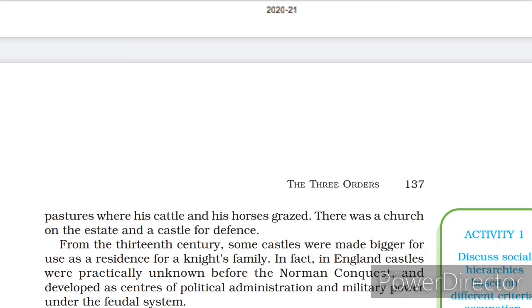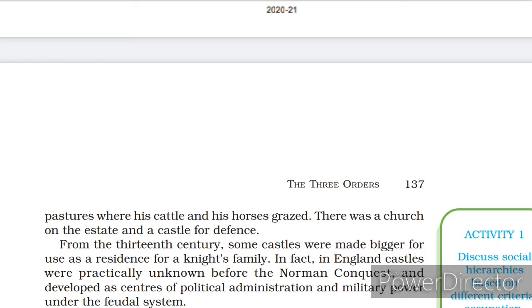Pasture means the areas where cattle can graze, or the horses can graze. Then these people were Christians, so they had a church within the estate and a castle for defense. So a manorial estate had almost everything within its range.